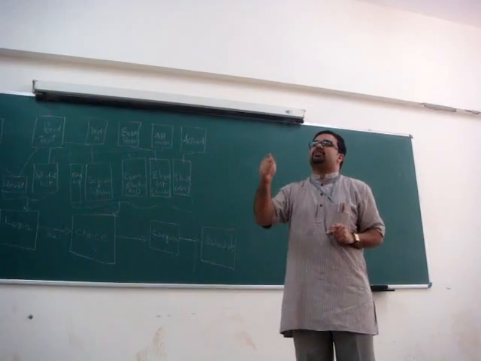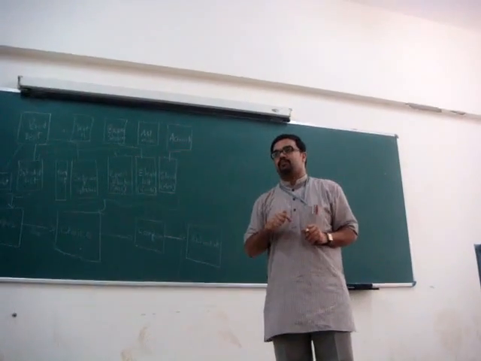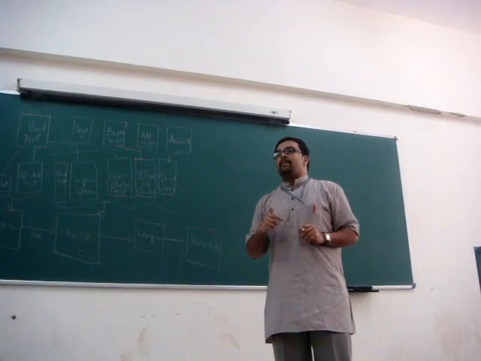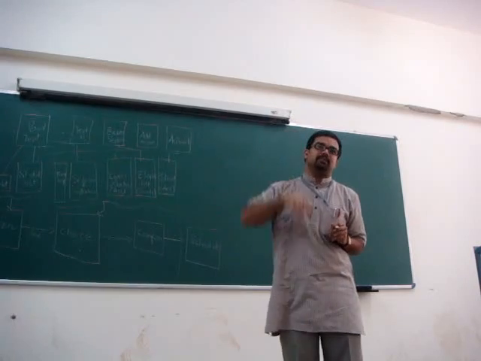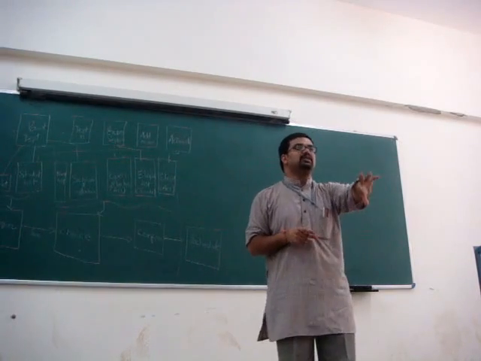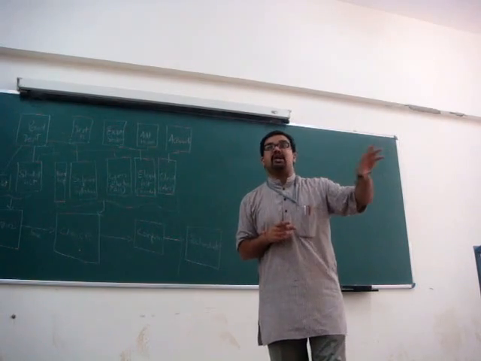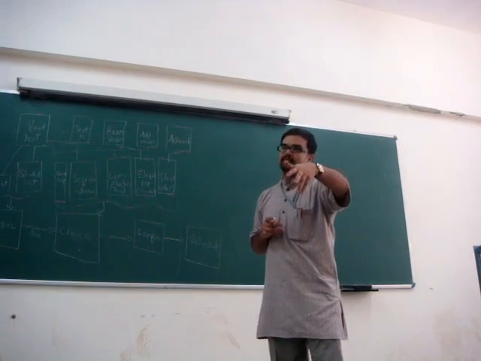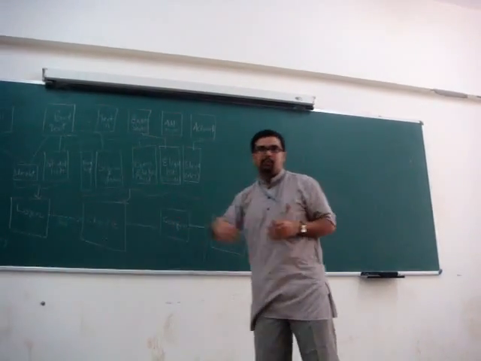What information does an organization require? Should answer that question. Make a master list of this is the information I require. How do I get it? Some data I can get directly, something I have to process. How does it happen? These systems will enable it to happen.